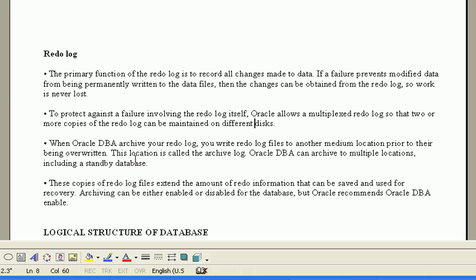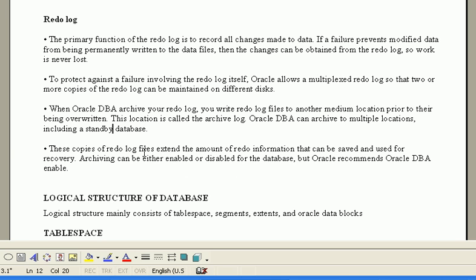When an Oracle DBA archives the redo log, you write redo log files to another medium location prior to their being overwritten. This location is called the archive log. An Oracle DBA can archive to multiple locations including a standby database.